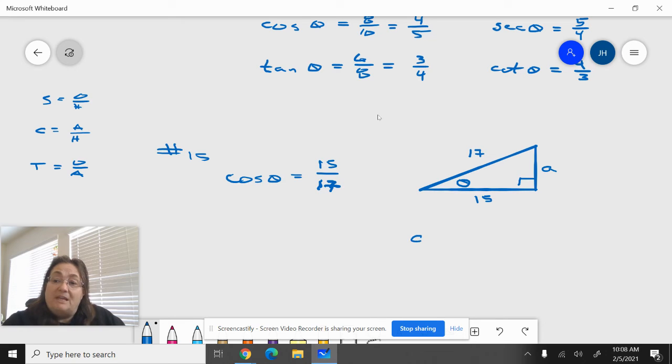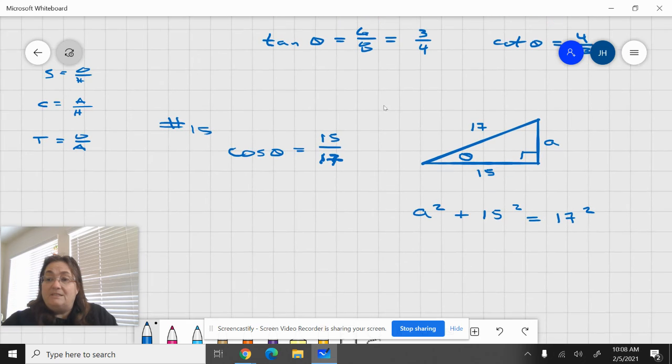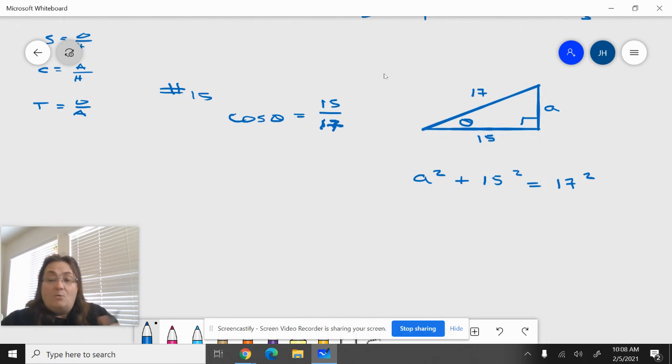What we know is that A squared plus B squared, where B is our other side, equals C squared, right? So we can solve this problem fairly easily once we figure out what this A is equal to. Once we find that, we can solve all of our trig functions.